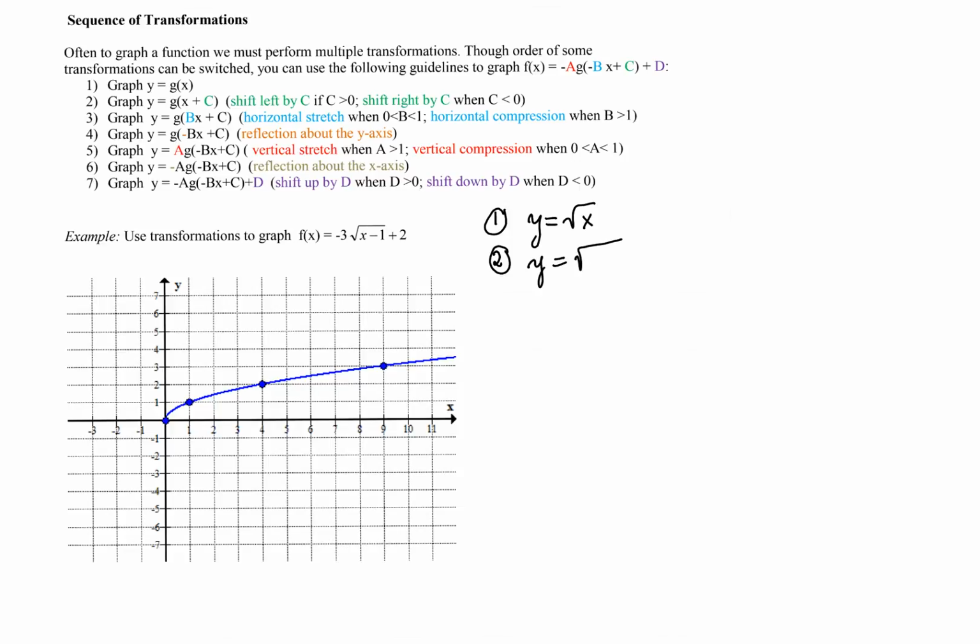So next we'll graph function square root of x minus 1. And that means we'll have to shift the graph right by 1 unit. Once we have the square root of x minus 1, we'll have to multiply that by 3, and multiplying by 3 means vertical stretch.